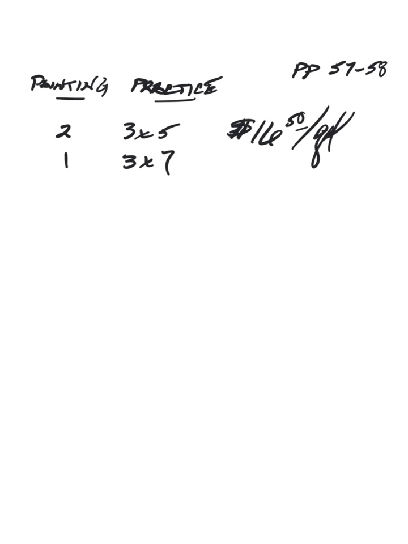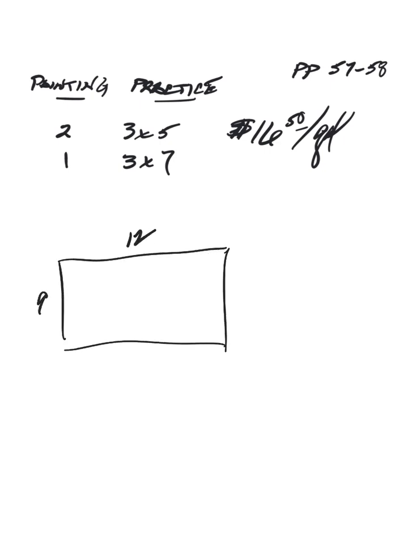So let's look at the first one there. We have a 9 by 12 foot room. We've got 2 windows, and we have a door. And then we know that our windows are 3 by 5, 3 by 5, and our door is 3 by 7.